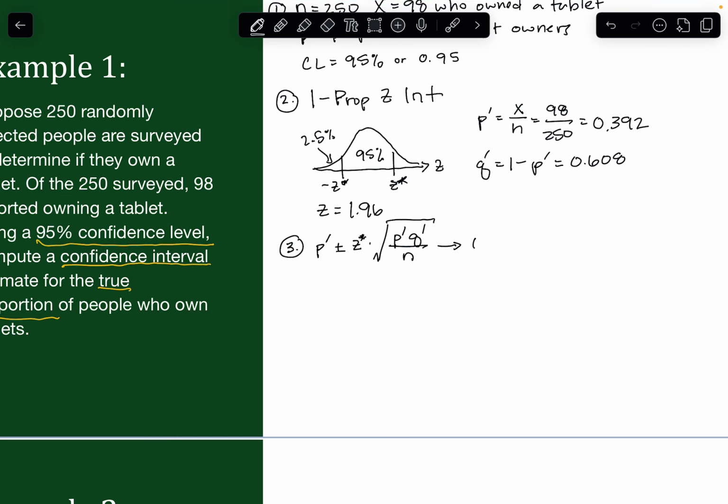So 0.392 plus or minus 1.96 times the square root of 0.392 times 0.608 divided by sample size, which was 250.